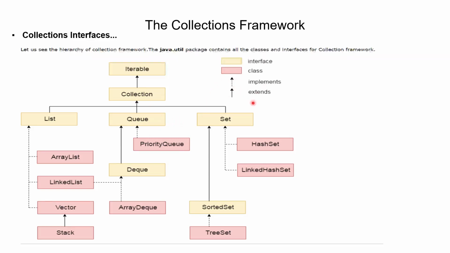Implements and extends, for the most part, mean the same thing, but we can see here a collection. The collection implements lists, queues, and sets. And we can see here that we now have the array list, the linked list, the vector, the stack. We can see queue, the dequeue. We see set, the hash set, the linked hash set, the sorted set, and the tree set. And we can see how they all relate here through inheritance.